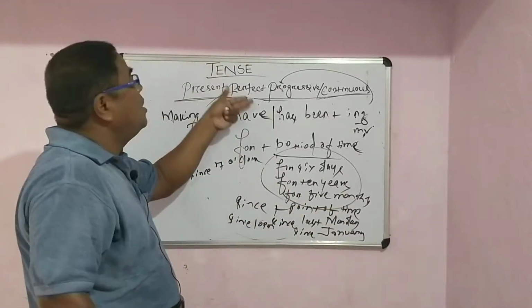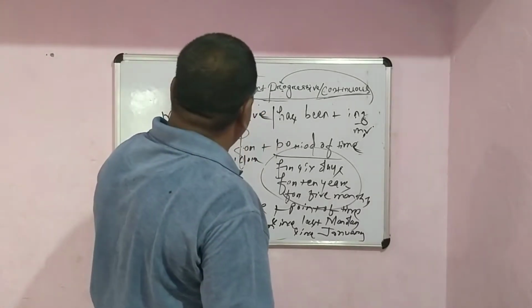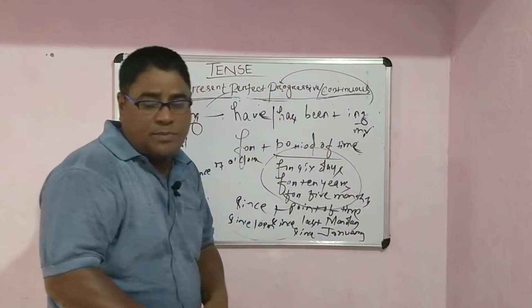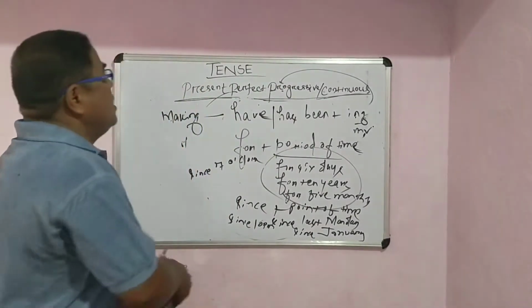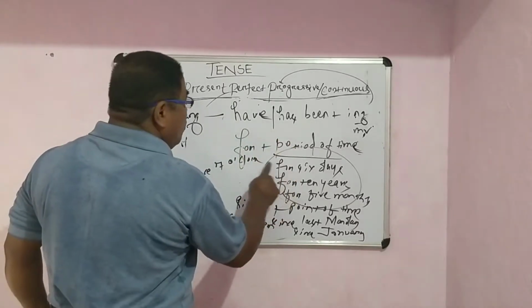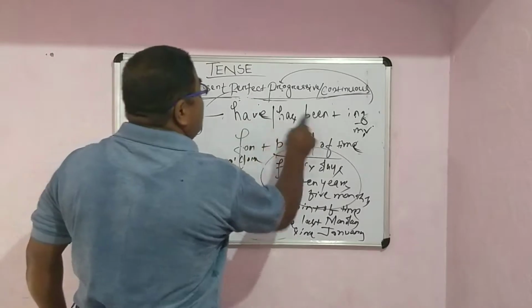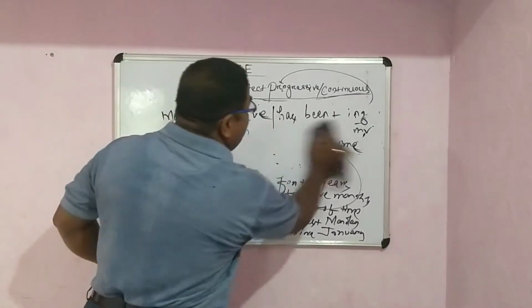So when we have the present, past and future time, we know it better by making the present perfect progressive. So present perfect progressive becomes very easy for you if you know the trick that with for plus period of time and since plus point of time, our present perfect progressive comes. Remember some examples.